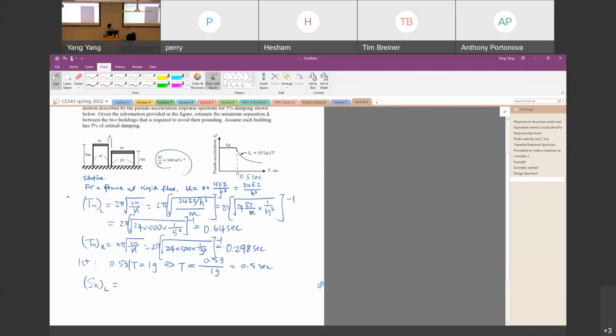If the acceleration is equal to 0.64, what is the zero period acceleration for the corner building here? Any suggestions? Which equation should we use in this case? 0.5 G over T, 0.5.